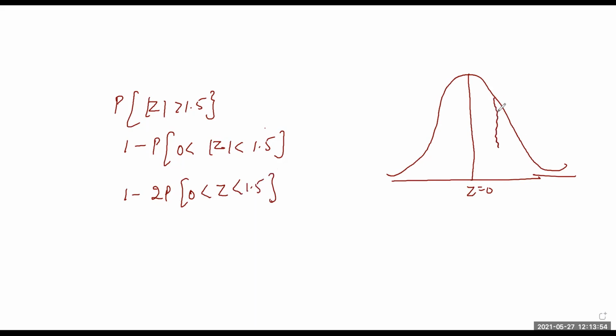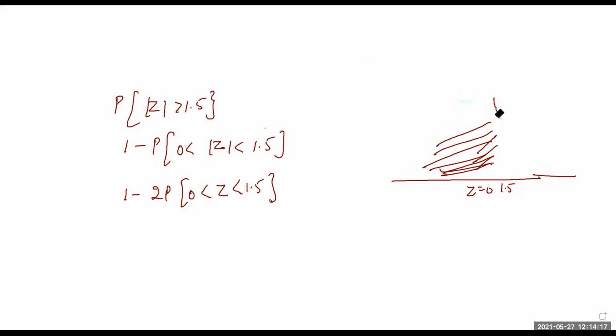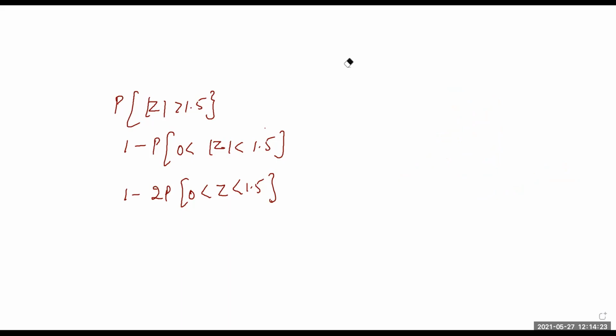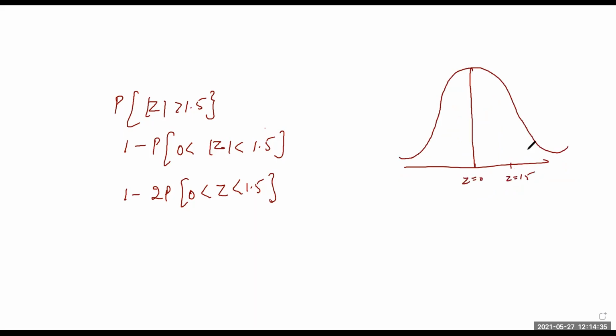So if I mark 1.5 here, this is the probability that we want to find. In the previous lecture I mistakenly covered the wrong area, because we want only this area, 0 less than z less than 1.5. Guys, we are finding the area between z equal to 0 and z equal to 1.5.